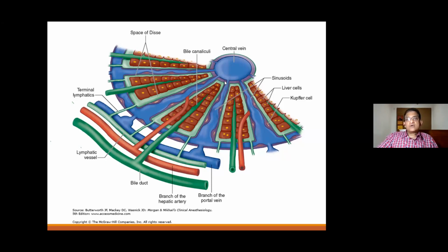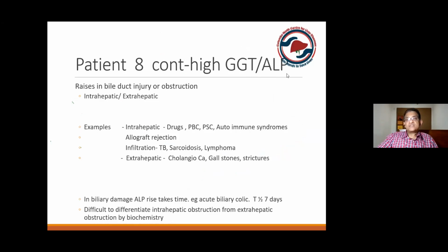Right, okay, so high alkaline phosphatase and gamma GT are raised in biliary duct injury or obstruction. It could be either intrahepatic or extrahepatic. Examples of intrahepatic injuries are drugs, primary biliary cirrhosis, primary sclerosing cholangitis, autoimmune overlap syndromes, transplant rejection, then infiltrations like tuberculosis, sarcoidosis, lymphoma.